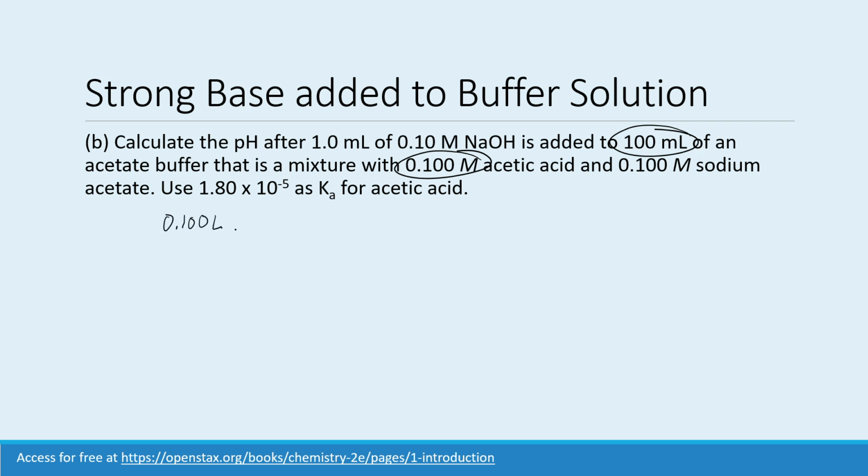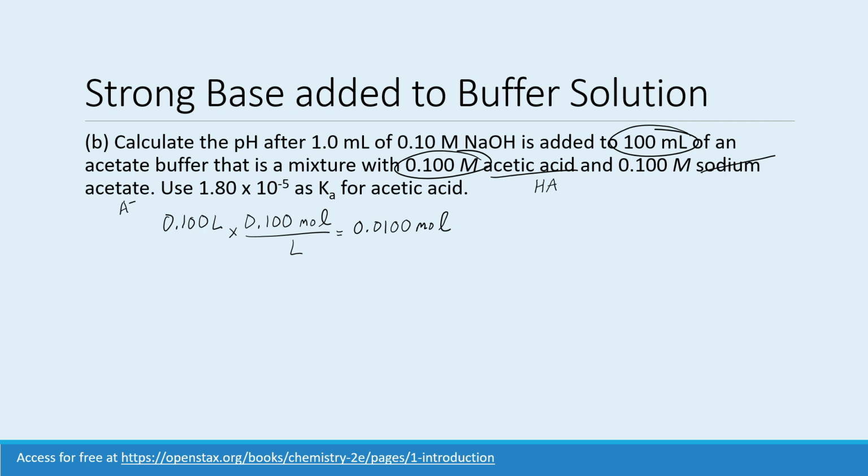So milliliters in terms of liters, of course that's going to be 0.1 liter times the 0.1 molar. And that will give us 0.01 moles of the weak acid. So acetic acid, we'll relabel it as HA.